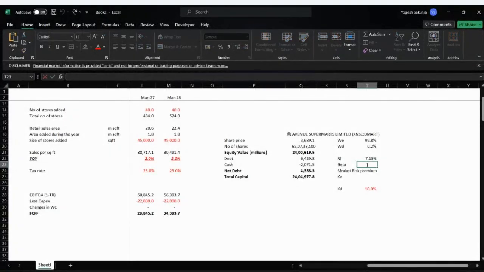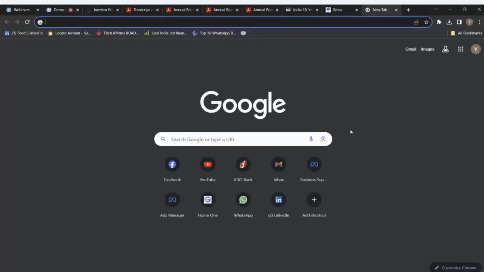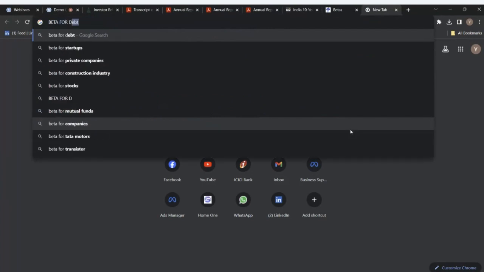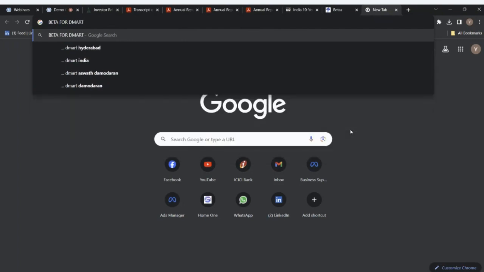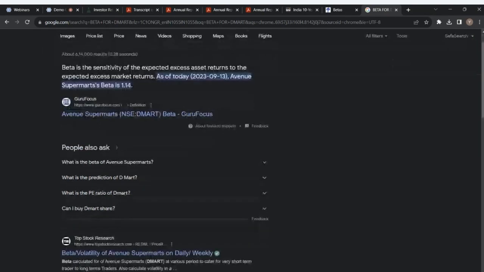You can also search separately for beta for DMart. You can use that. Okay, let me actually show you that as well. Beta for DMart says 1.4. Looks very high.